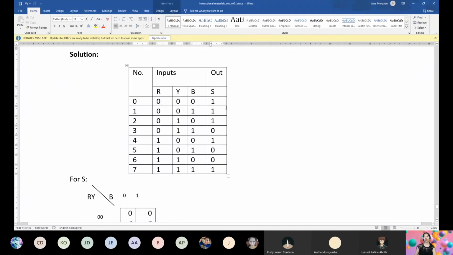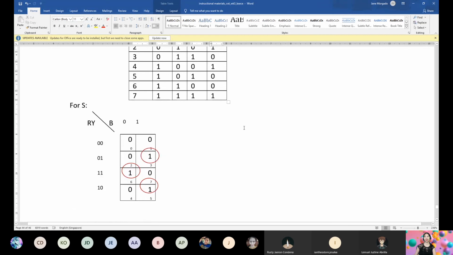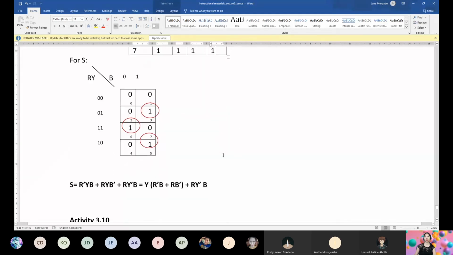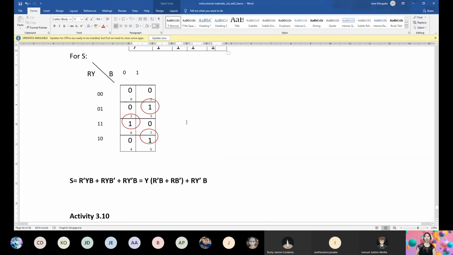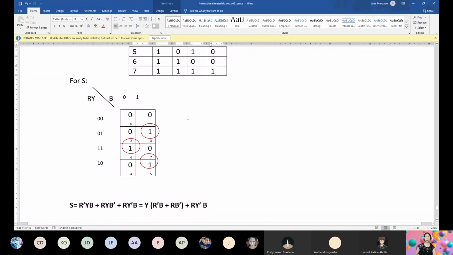Ayan. Okay, so we only have one output, so that is S. Malito, no? Okay, pagawin natin. 0, 1, 2, 4, 7. Mababago pala to. 0, 1, 2, 4, 7.